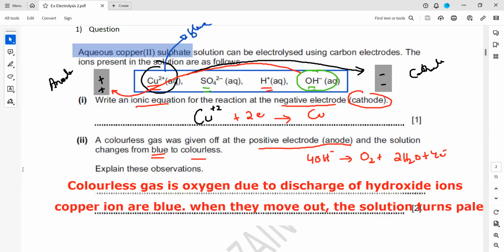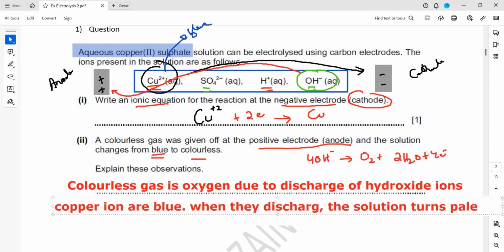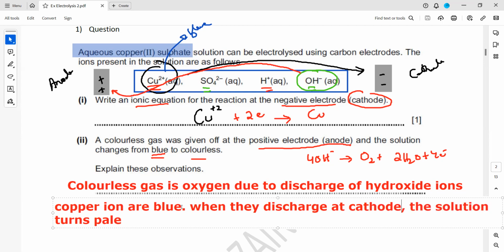So when they move out towards the cathode, or you can also use the term when they discharge, the solution turns paler or lighter. Yes, this is also right.